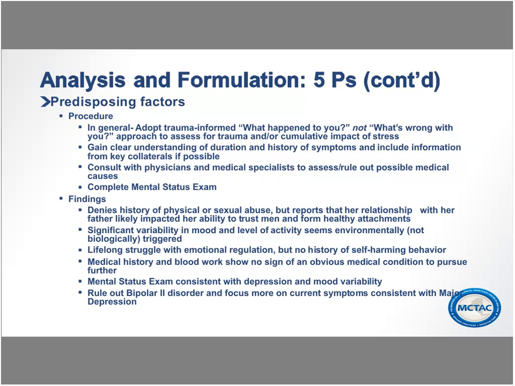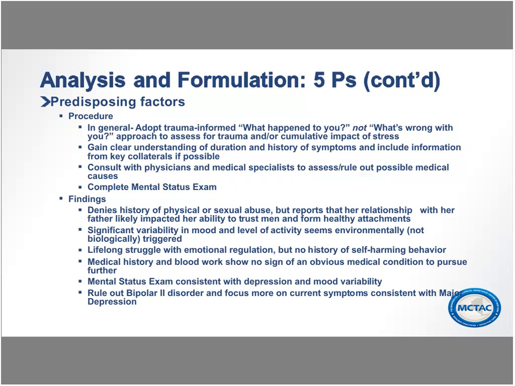It definitely seems to come from a reaction to events in her life, versus more out of the blue or innately triggered. We also note the lifelong struggle with emotional regulation, but again, we don't have a history of self-harming behavior, which we'd want to assess for if we were looking at symptoms related to borderline personality disorder.